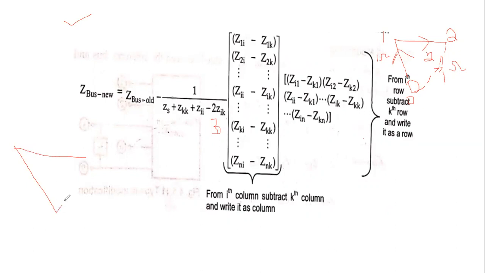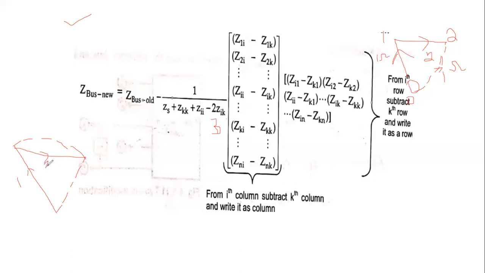Suppose the element is added between two old buses, then it will be considered as a link. Elements with the type 3 and type 4 modifications are called links.